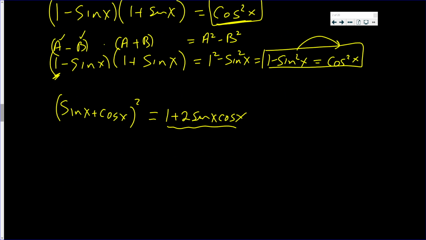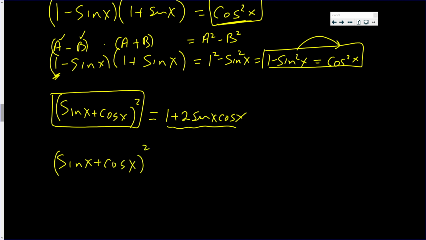Now, how am I going to get that to be something squared? Now, I can easily get this to be something that isn't squared by squaring it. So, I think we should do that. We should actually square this.